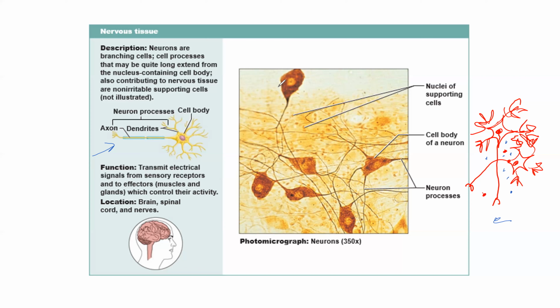So those cells transmit sensory signals from your body to your brain or spinal cord, and transmit electrical signals from your brain to your muscles and glands. And by doing it, your neurons, your nervous system, control your body functions. Location: brain, spinal cord, and nerves.